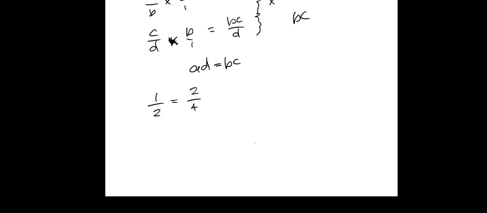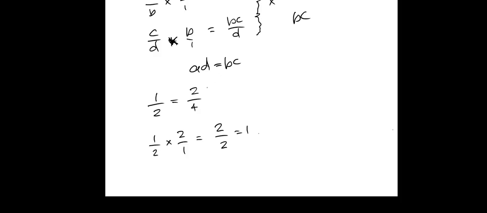Let's do exactly the same thing. So I want to take this left hand side and I want to multiply that by 2 over 1, and we're left with 2 over 2, which is 1.